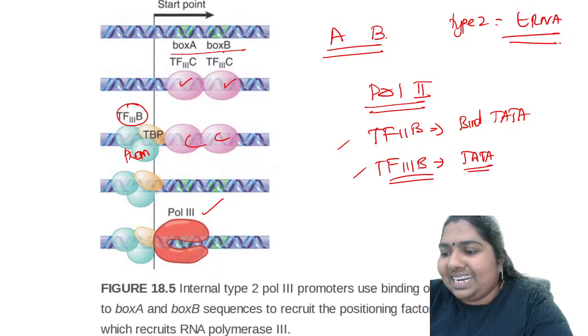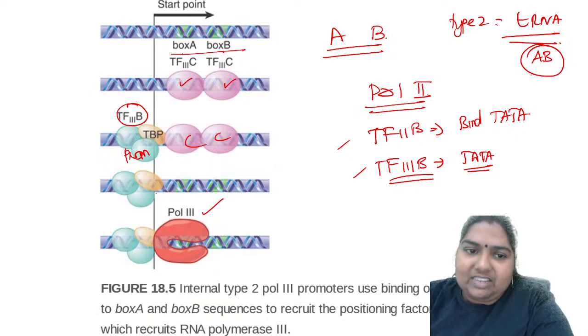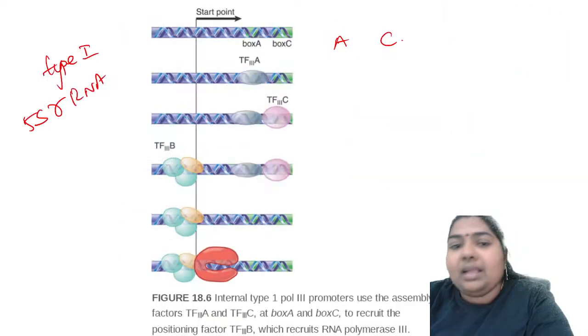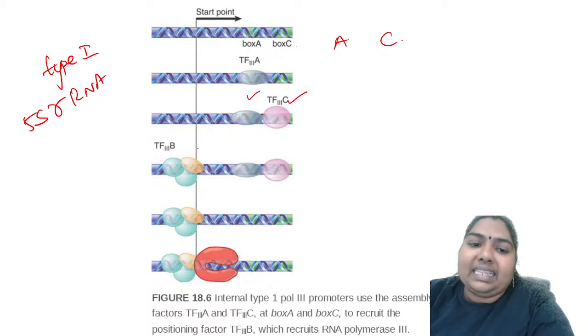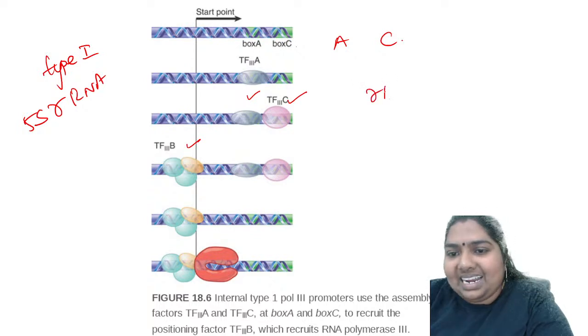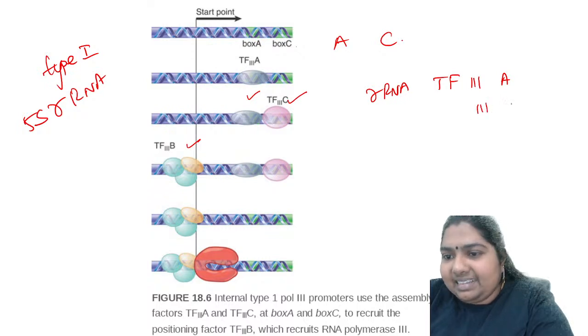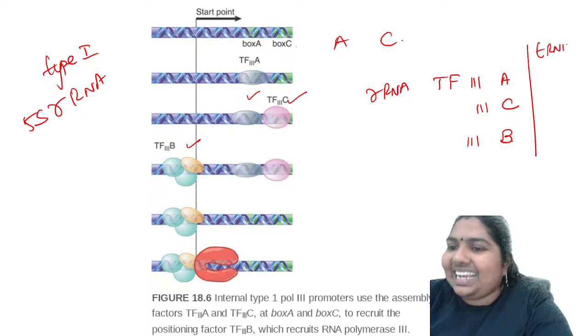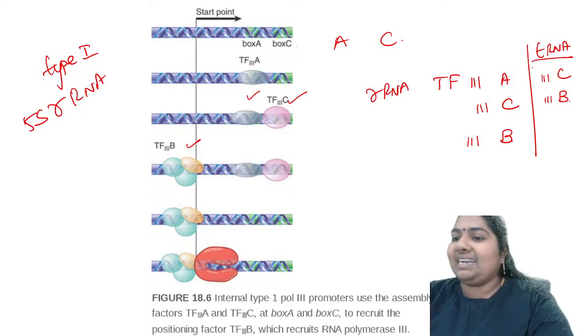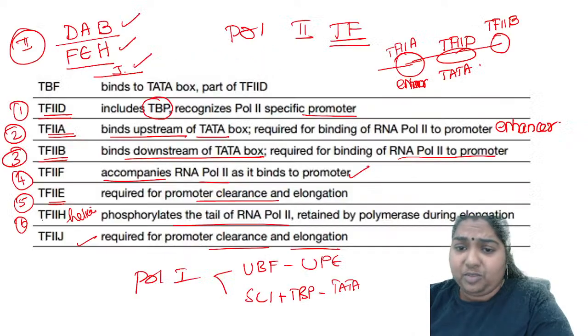So tRNA contains only the AB box, so it contains your TFIIIB and C. This one is the AC box, which contains A, C and then B. So rRNA is going to contain the transcription factors A and then C and then B. But if it is tRNA, it contains only C and B. There is no A transcription factor for tRNA. Got it? It is a very important piece of information.